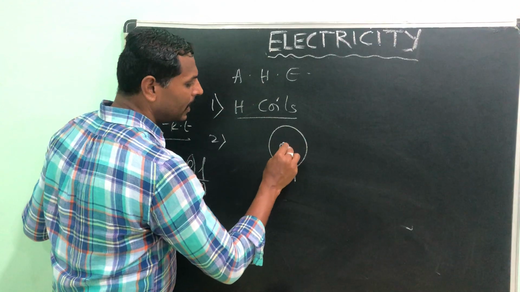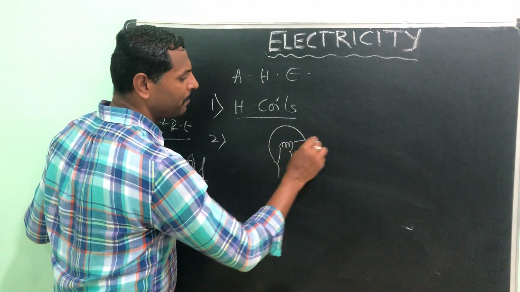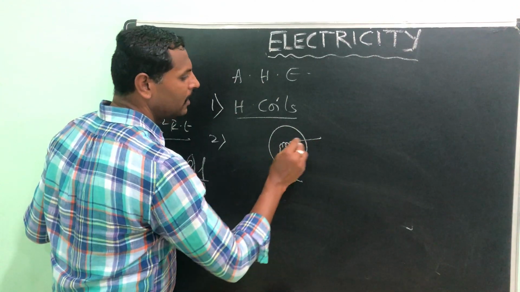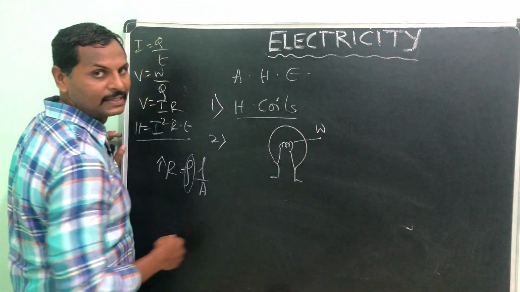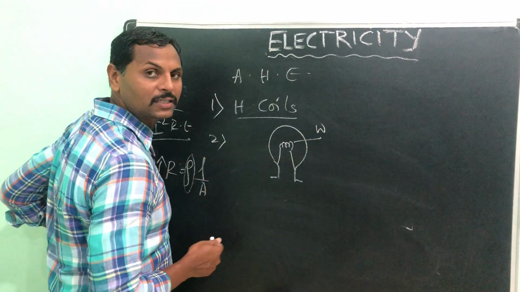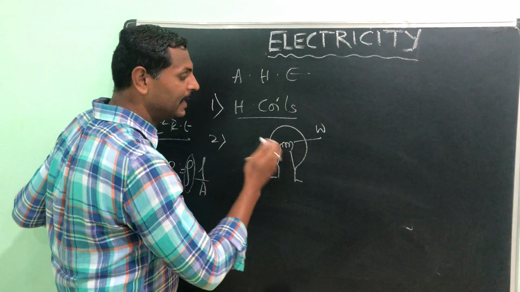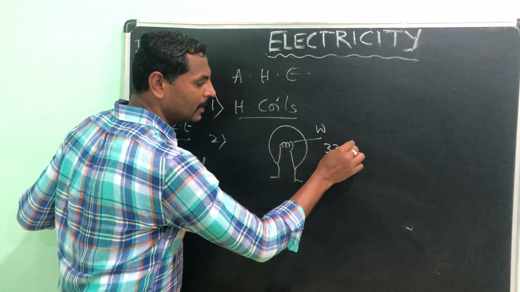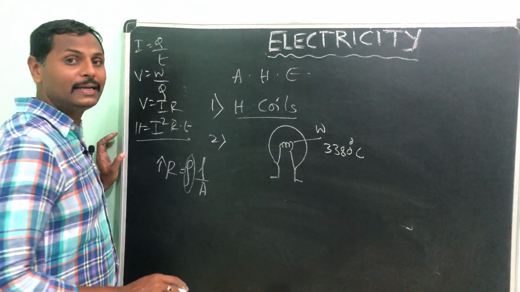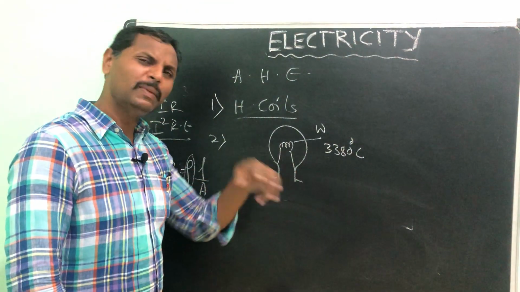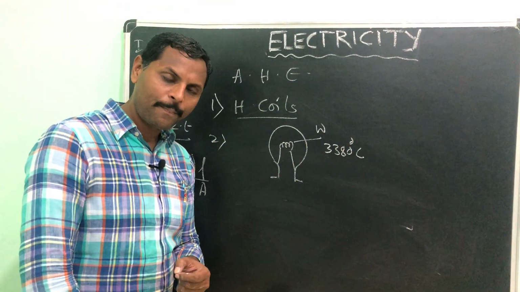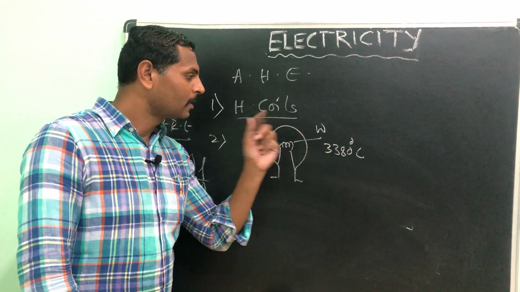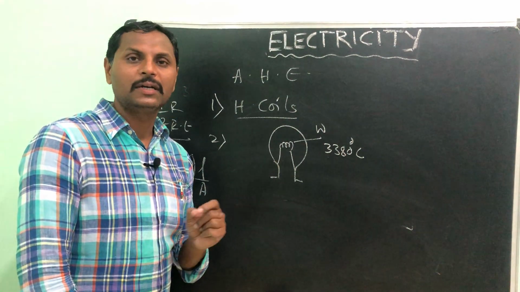It has a filament like this, which is made of tungsten in a coiled form. Okay, why have we taken tungsten itself only? You know that its melting point is 3380 degrees centigrade. That's why its melting point is very high. We have taken this thing, tungsten only.